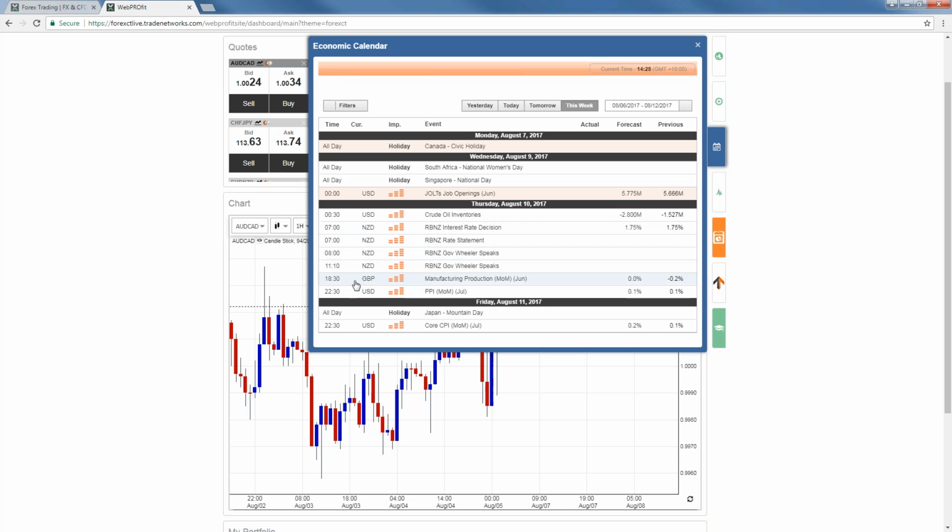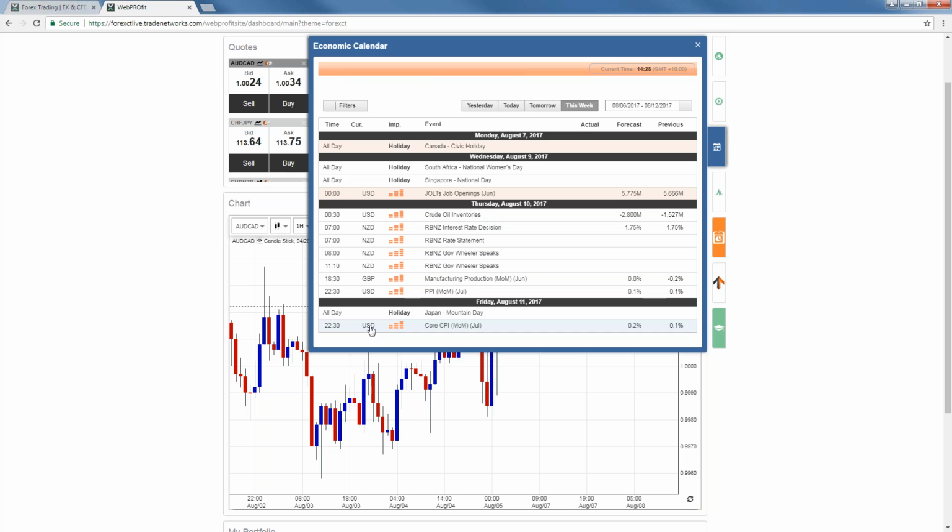Coming up, the GBP at 6:30 Melbourne time for manufacturing production, followed closely by PPI, a price index for manufacturing, at 22:30 hours for the US dollar. And then we've got core CPI on at 22:30 on Friday for the US dollar.